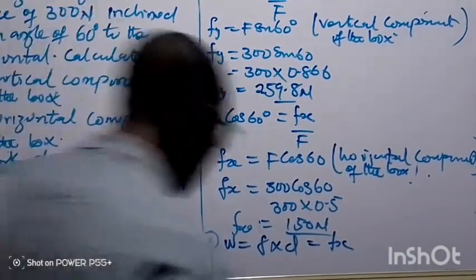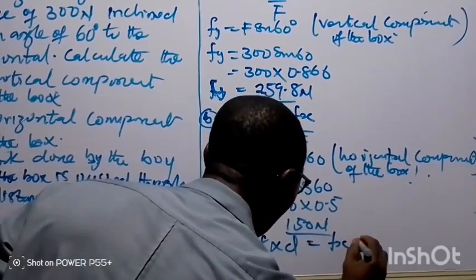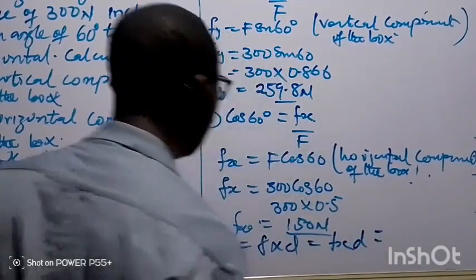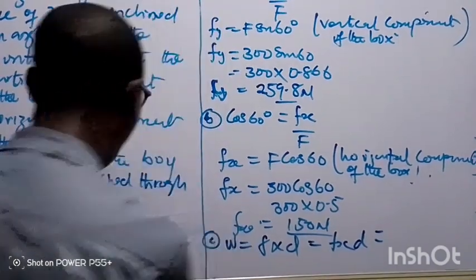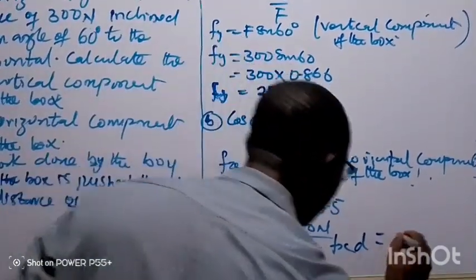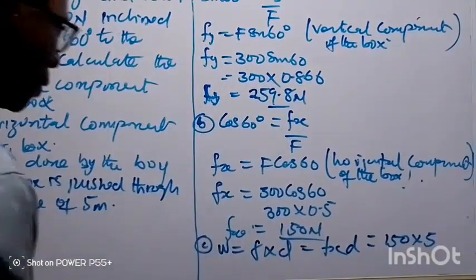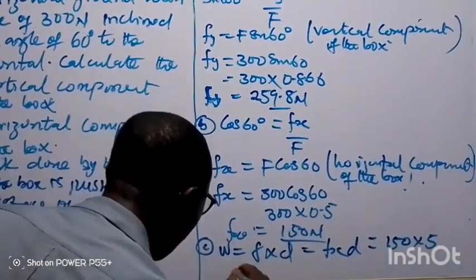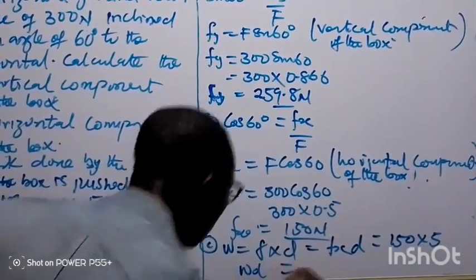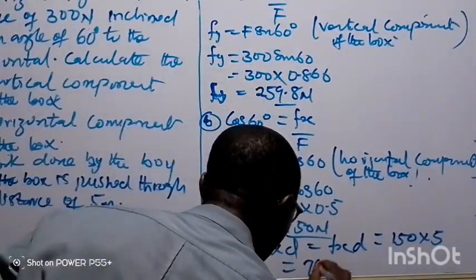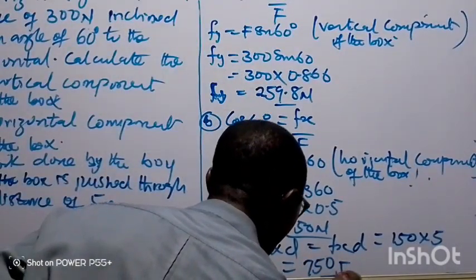So we multiply by the distance. The distance given is 5 meters, so this will be 150 multiplied by 5. So the answer for work done will be 750 joules on the horizontal ground.